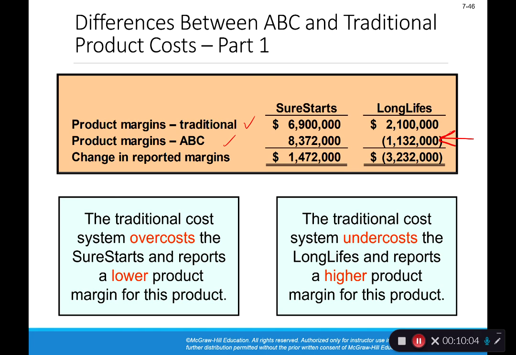So what happens? Traditional costing overcosts the Sure Starts, which results in a lower product margin, and traditional costing undercosted the Long Lifes, which reported a higher margin as a result. Bad information leads to bad decisions, and that's what we try to avoid.